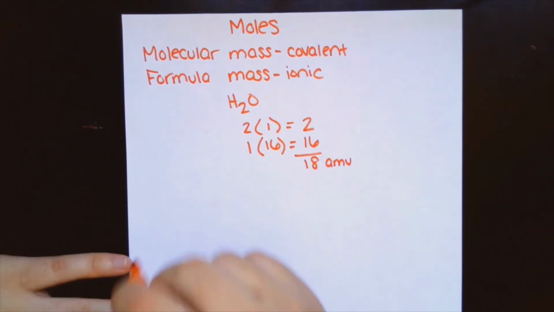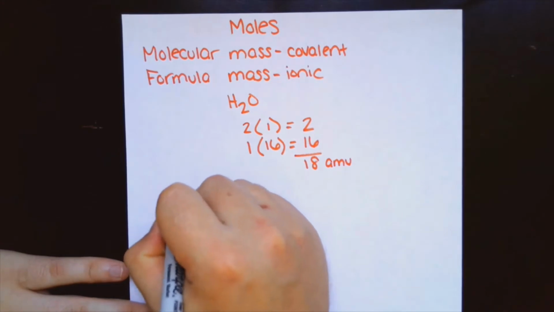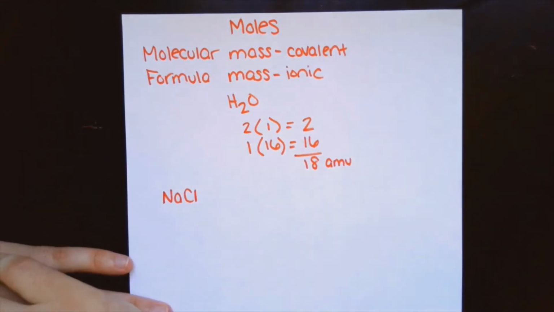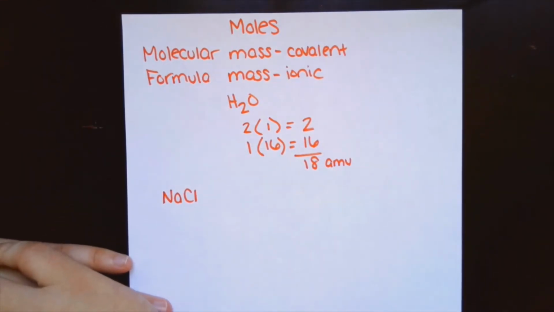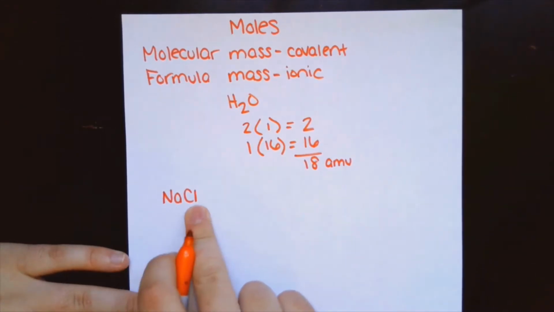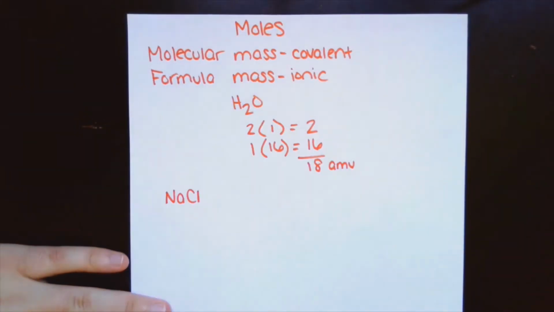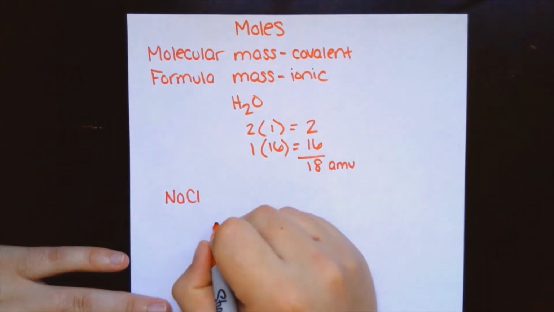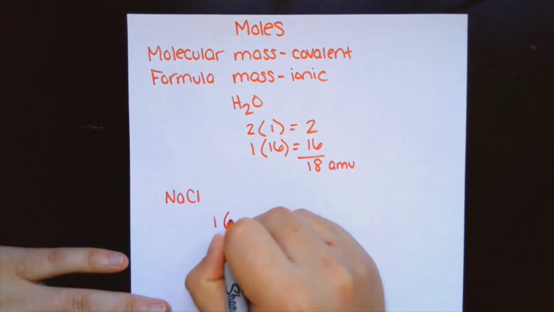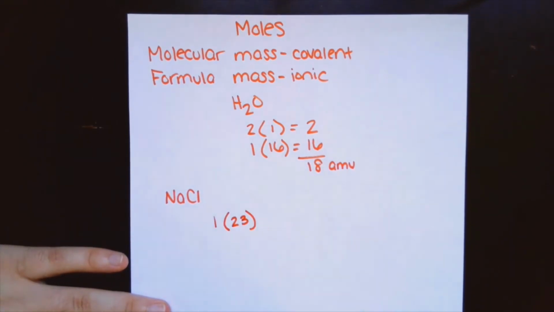And you can do the same thing for an ionic compound, again NaCl for instance. But if you recall, ionic compounds often form large crystal lattices. It's not just a single sodium and a single chlorine often, right? So instead of referring to molecular mass, since it isn't just a molecule, we refer to it as formula mass. But the math is the exact same. There's one sodium with an atomic mass of 23.